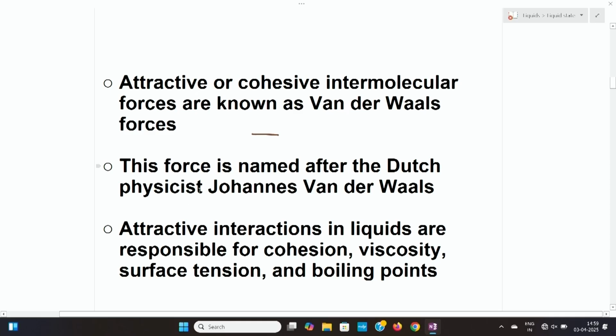This force is named after the Dutch physicist Johannes van der Waals, who studied the attractive forces in liquids.